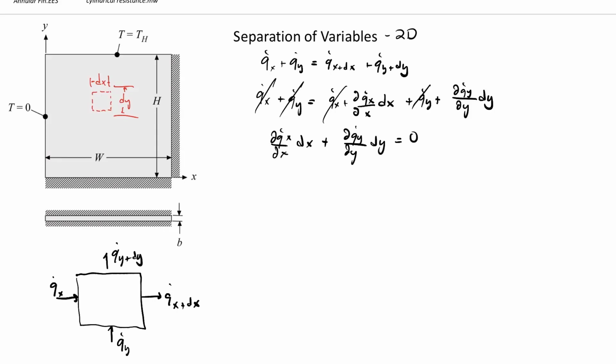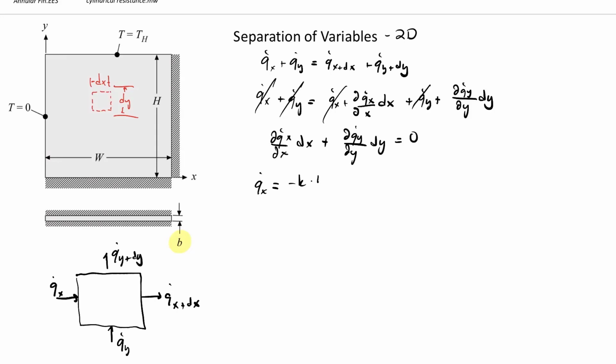Okay, so let's say here now x. So first in the x, q dot x is equal to minus k times, I need some dimensions on here. So over here we said thickness is b. Okay, and then what is our cross-sectional area available for heat flow?